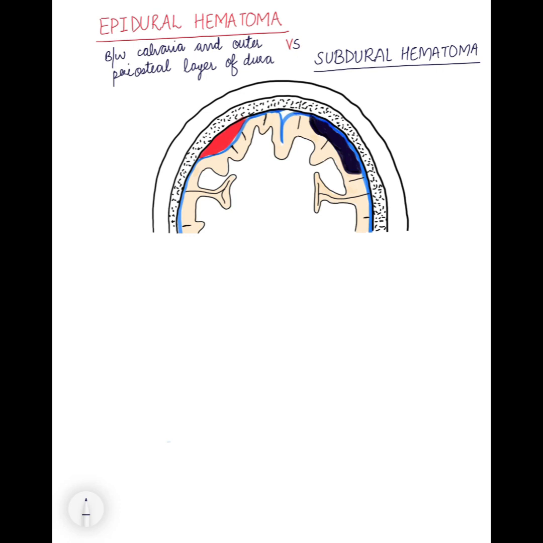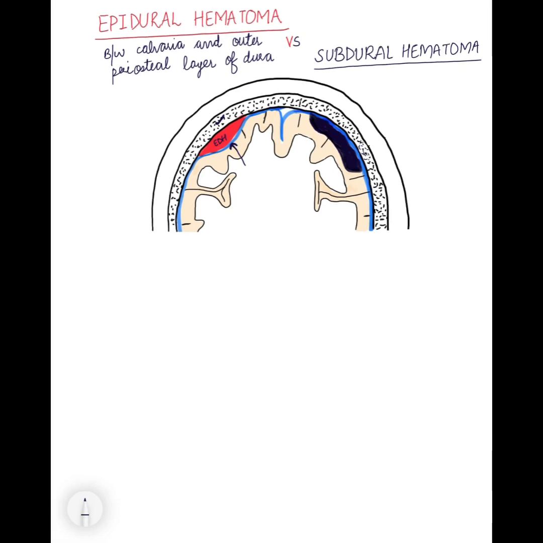So, in the diagram, you can see this is the dura mater, this is the epidural hematoma, and this is the calvaria. So it is between calvaria and the outer periosteal layer of dura. The source of bleed in epidural hematoma is the middle meningeal artery.